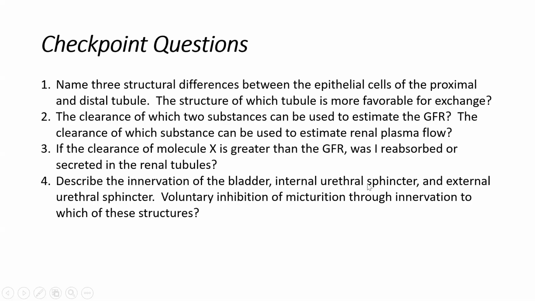Those things we do not control. When there is stretching of the bladder because of the amount of urine that's filled, those signals are sent to the brain and that autonomic communication happens involuntarily. But the voluntary inhibition, the preventing of urination voluntarily, is the innervation to only the external urethral sphincter, which happens via somatic innervation.